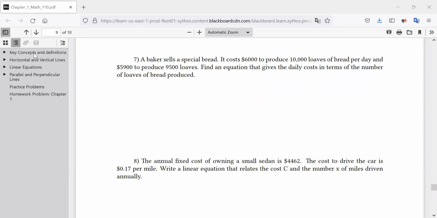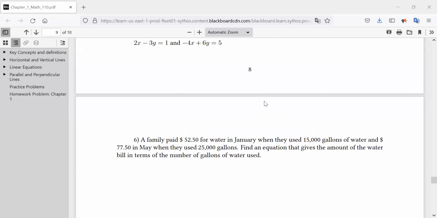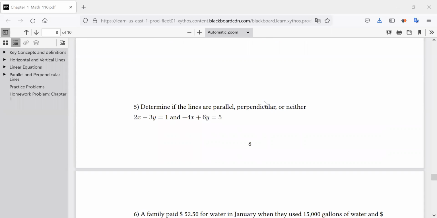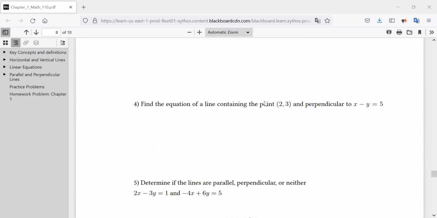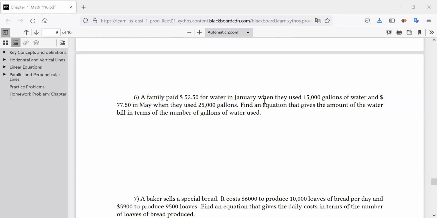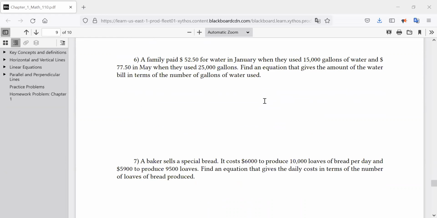I'll just pick one word problem here. Does anyone have a preference on which one? We'll do the first word problem.